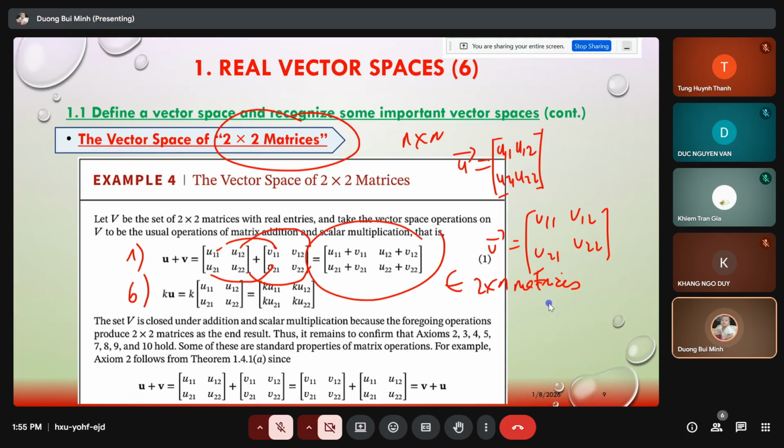But why do we define a vector space? Why do we need a vector space? Because we need the solution, and the solution should be in the vector space.